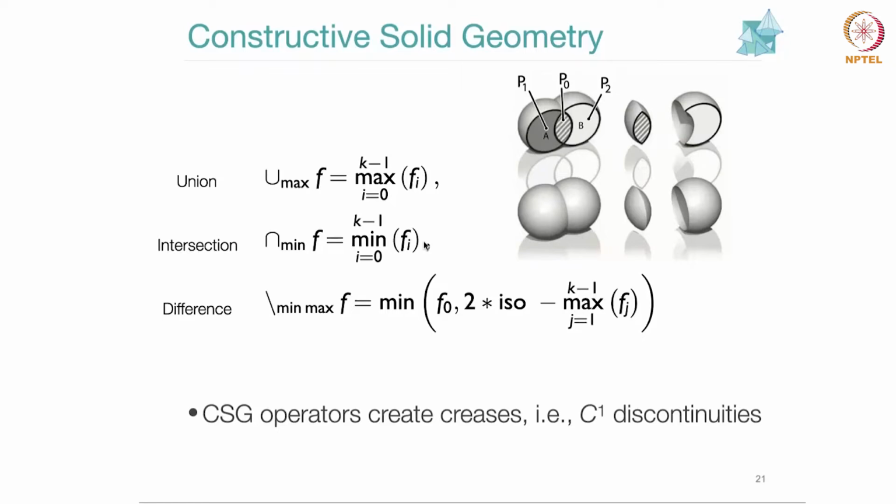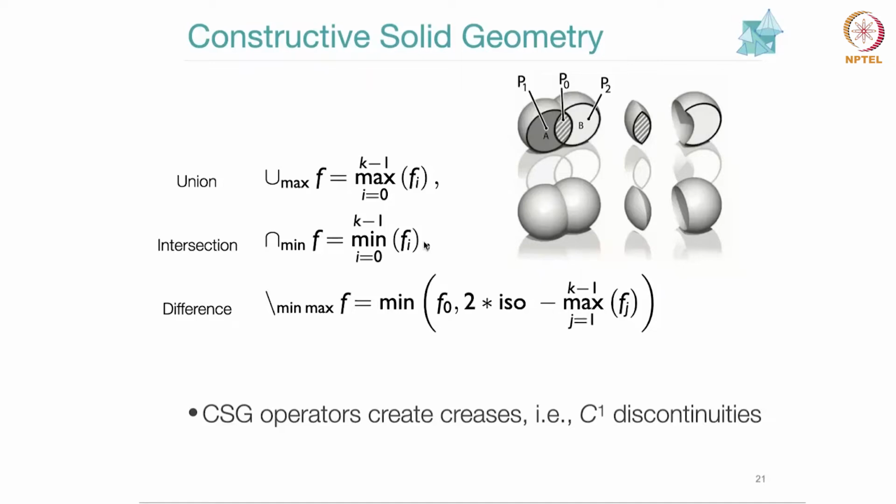You take a max of the input fields at a point, and then the max defines the final value. So for every point in space, you do the same. You keep calculating the max, and with the max, if you do a zero level set, you will get this union of these two fields. Exciting, right? You just do a max and magic happens.